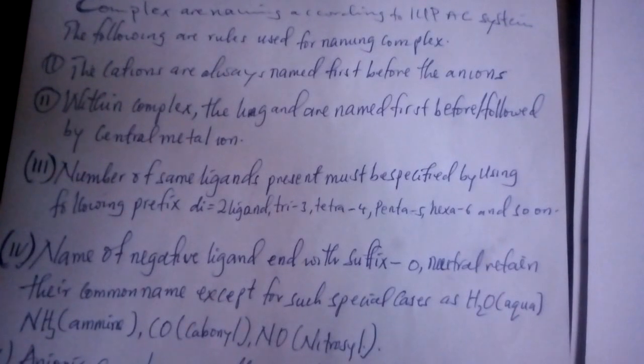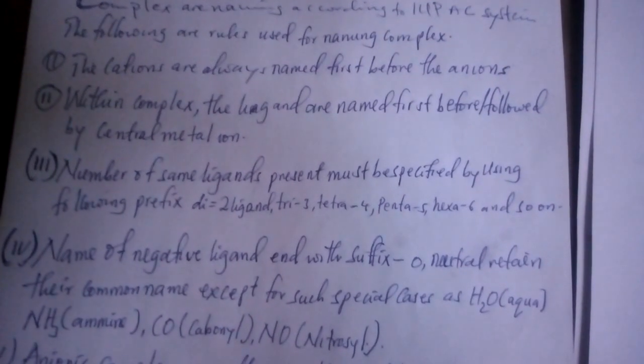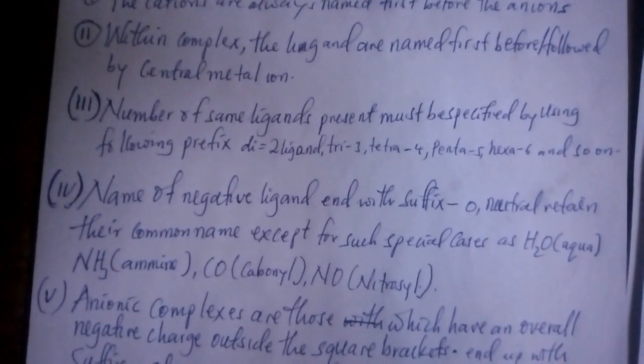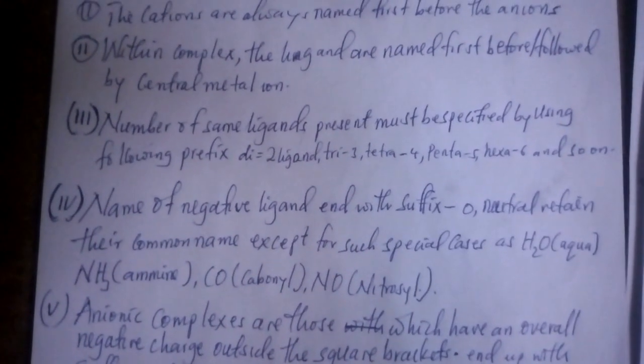Rule number 4: names of negative ligands end with the suffix o, while neutral ligands retain their names, except for some special cases. For water, we call it aqua, and for ammonia, we call it ammine. Carbon monoxide we call carbonyl, and nitrogen monoxide we call nitrosyl.